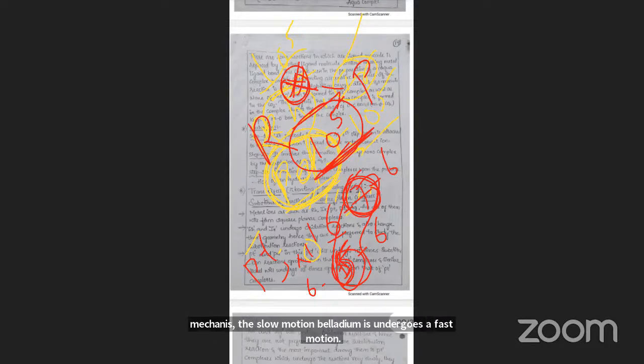That reaction proceeds very fast, 10 to the power of 5 times faster than platinum. With platinum the reaction mechanism is in slow motion. Palladium undergoes fast motion. The reactant immediately forms the product, within a fraction of a second.